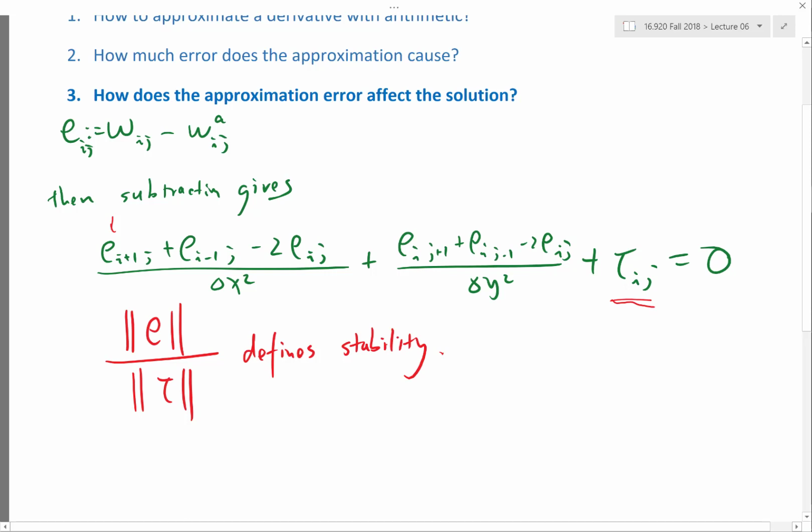And in general, because I actually don't know what tau is, I'm usually looking at the maximum possible, or in mathematical terms, the supremum. Because the collection of possible taus is actually infinite. So mathematically, the maximum over an infinite set is called the supremum over all possible taus.